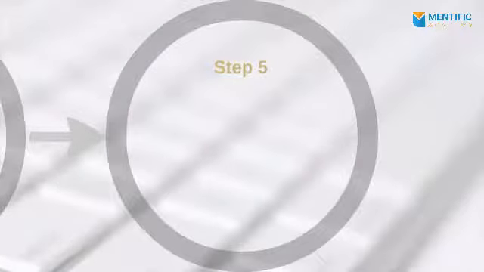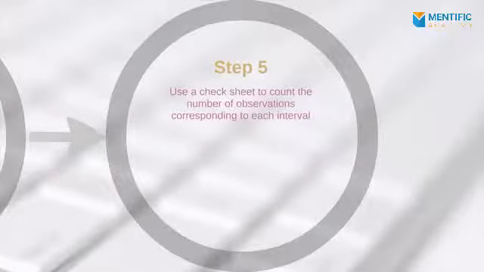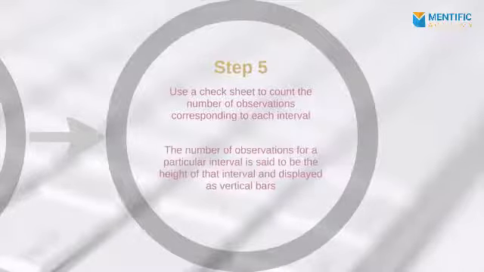The fifth step is to use a check sheet to count the number of observations corresponding to each interval. The number of observations for a particular interval is said to be the height of the interval and displayed as vertical bars. A sample diagram is given here where the raw data is displayed in the form of a histogram.